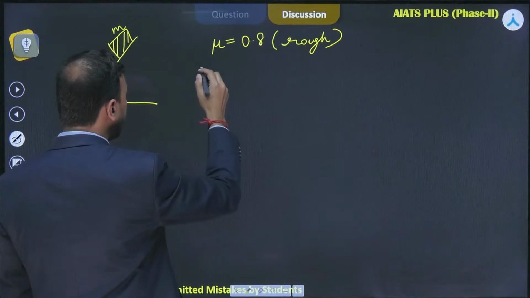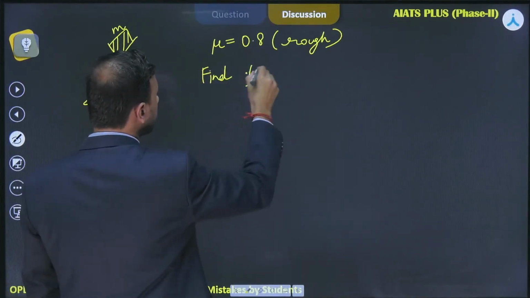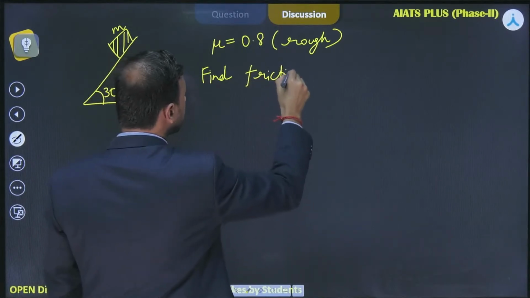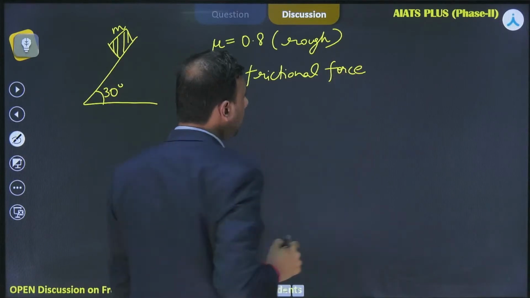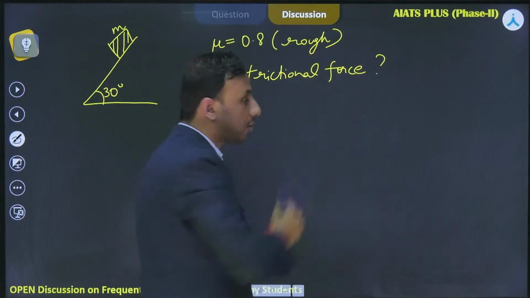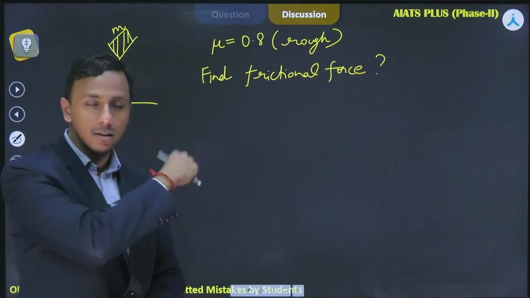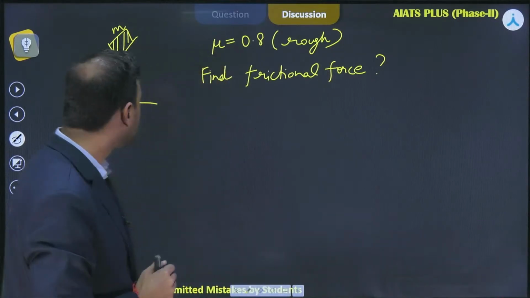So now you have to tell me, find frictional force in terms of mass m and g. What's the frictional force that is going to act? Once again, this question is connected to your angle of repose, the same topic. How?